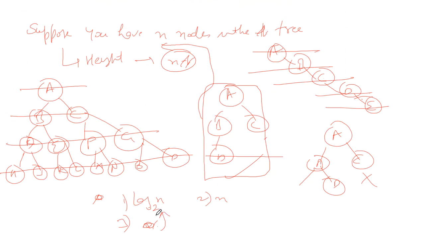You are given that the tree is a complete binary tree, and it has n nodes in it. Can we tell what is the height in that? Log n to the base 2 plus 1. Okay, one other solution came. Log n to the base 2 plus 1.